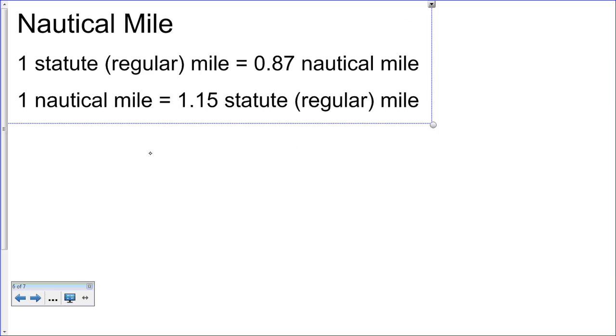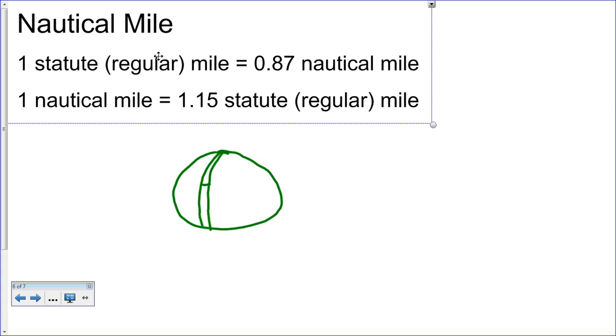One thing it introduces is the idea of a nautical mile. If I am thinking about the Earth, and we've got lines on the Earth to represent our latitude, longitude, whichever, then if I go 1 minute, not a degree, between my lines of latitude or longitude, that is equal to what's called a nautical mile.